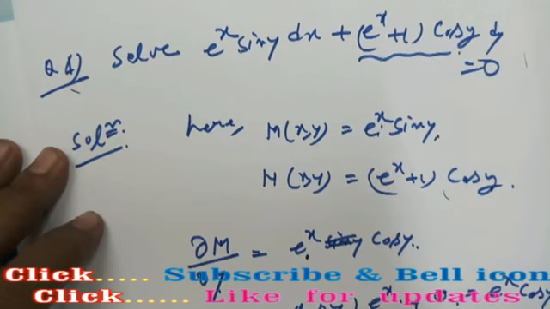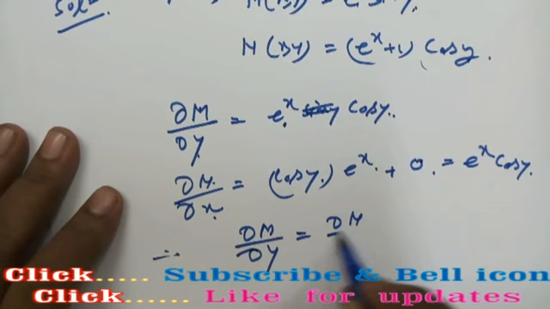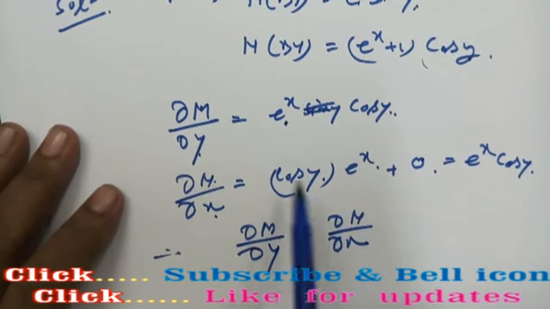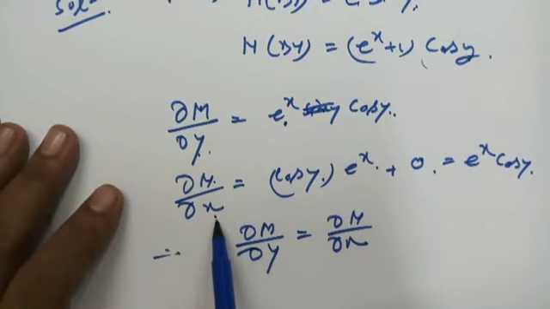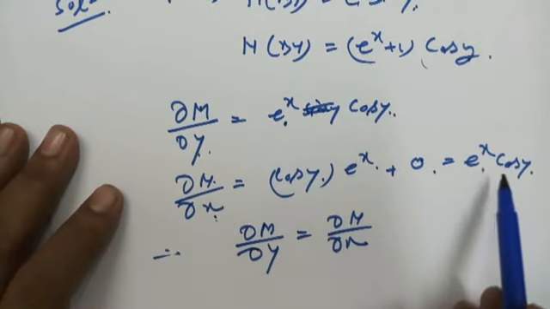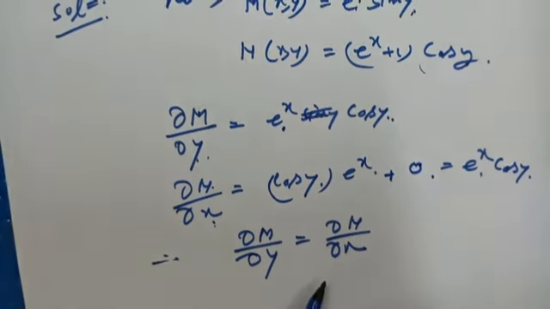Now we see del m upon del y and del n by del x are both e power x cos y. These two partial derivatives are the same.